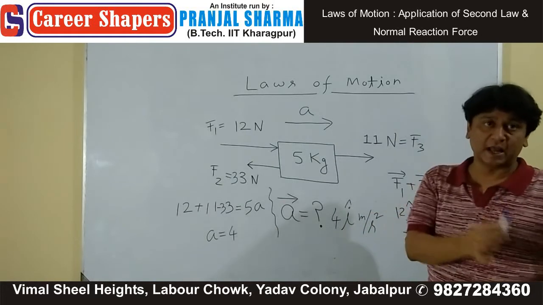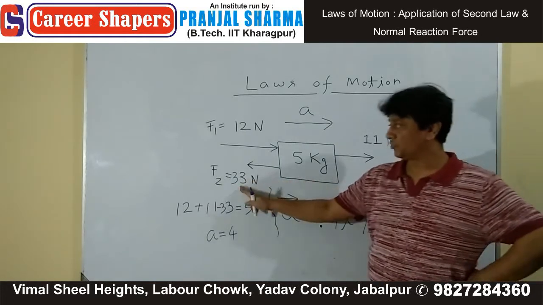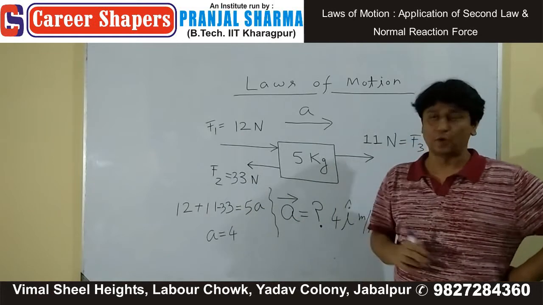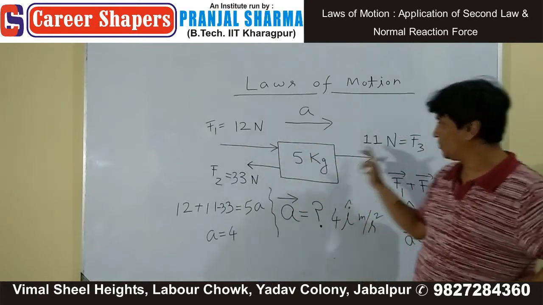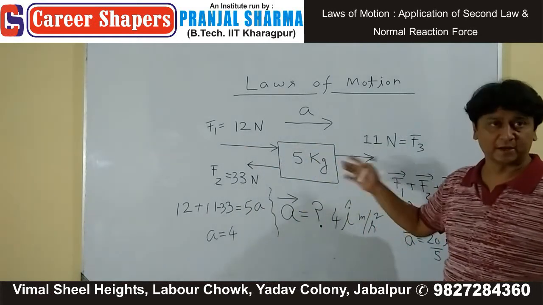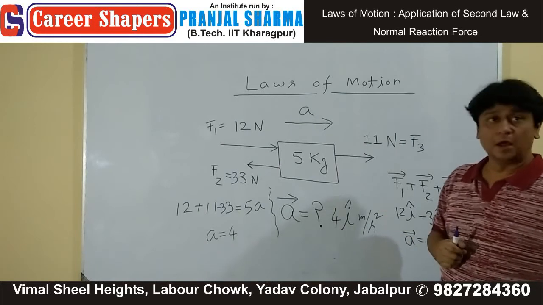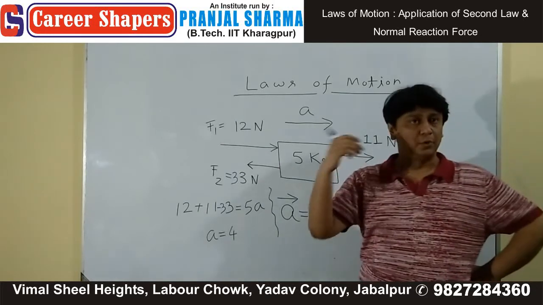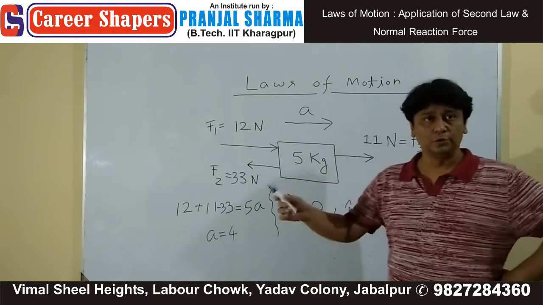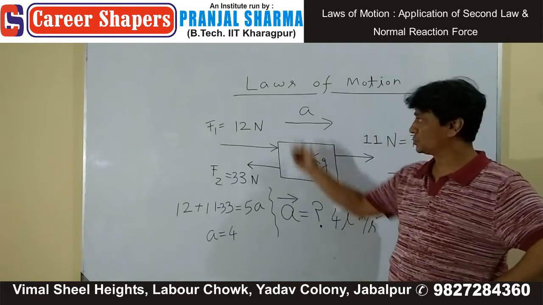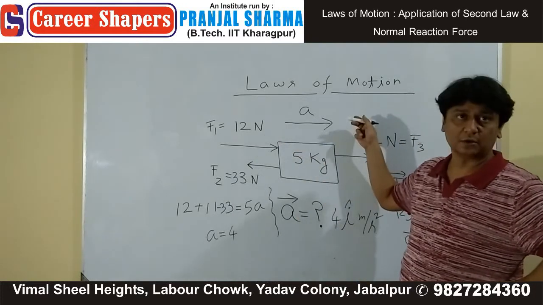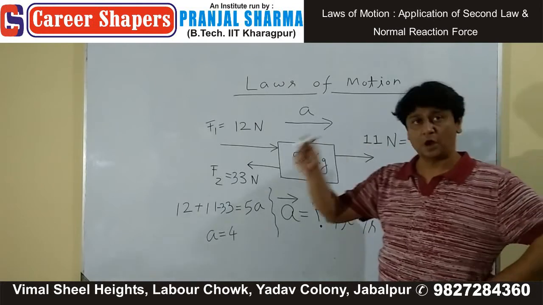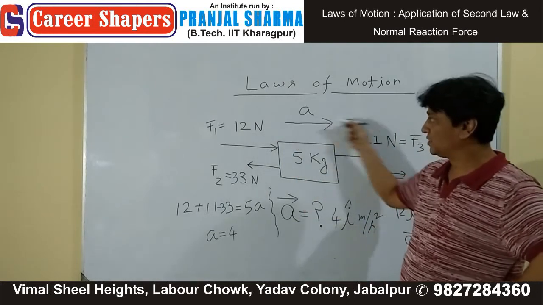Although everybody can see that 33 is the dominating force, it's more than the sum of 12 and 11, you can see it. But suppose somehow you thought that block is going to move in this direction.